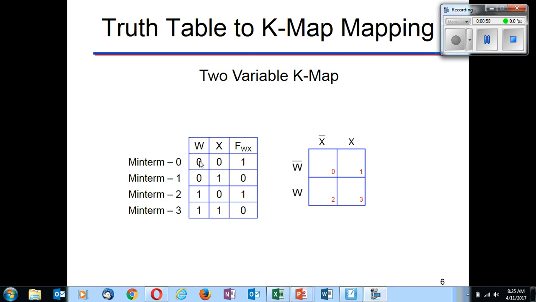My first minterm that has a 1 is not W, not X. So I look which box has coordinate not W, not X. These two boxes have horizontal coordinate not W, and these two boxes have vertical coordinate not X. So this box right here is the intersection of not W, not X.